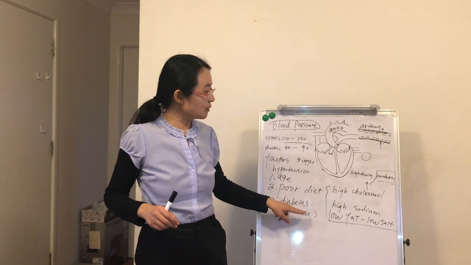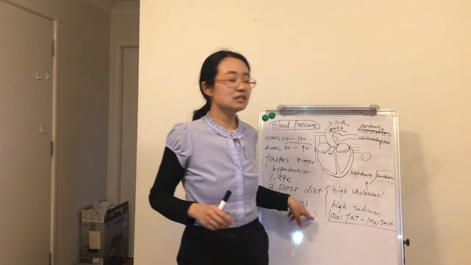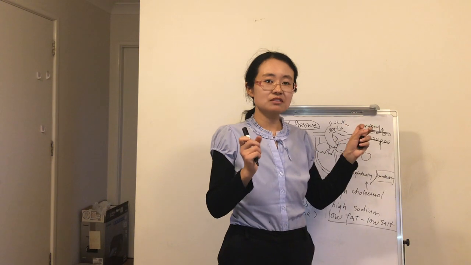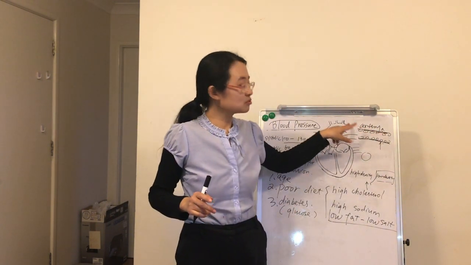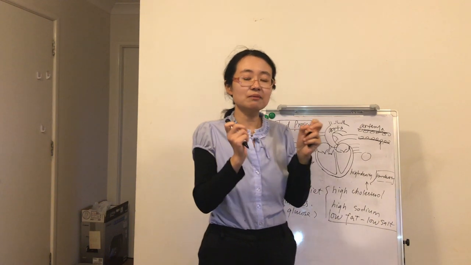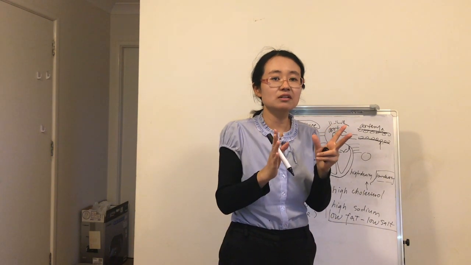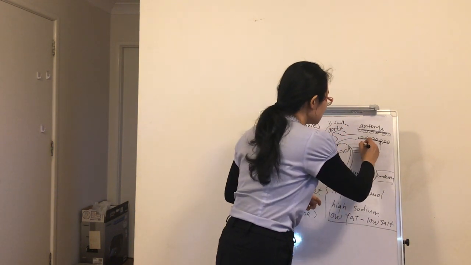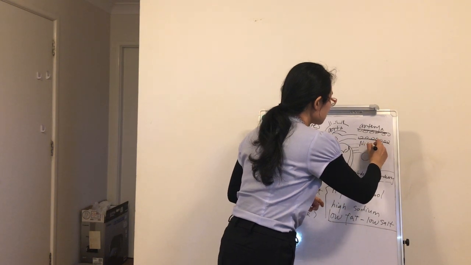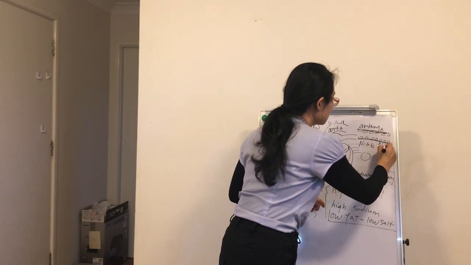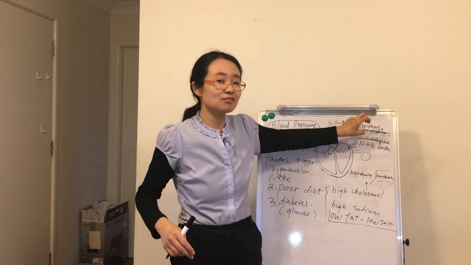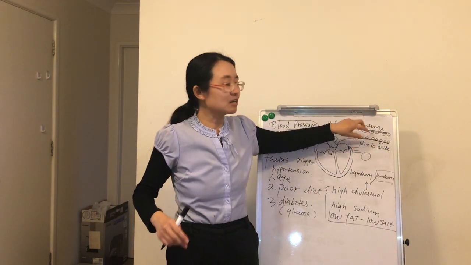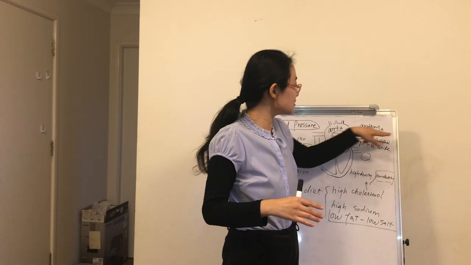And also glucose could restrict the release of something. Normally your blood vessel will naturally release one substance which is called nitric oxide. This nitric oxide could relax your blood vessel and make it dilated to ease the blood flow.